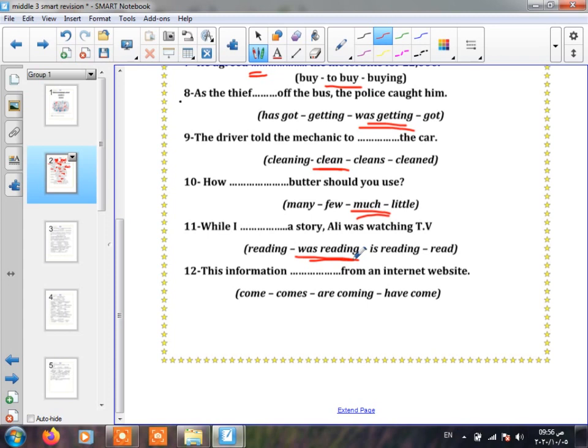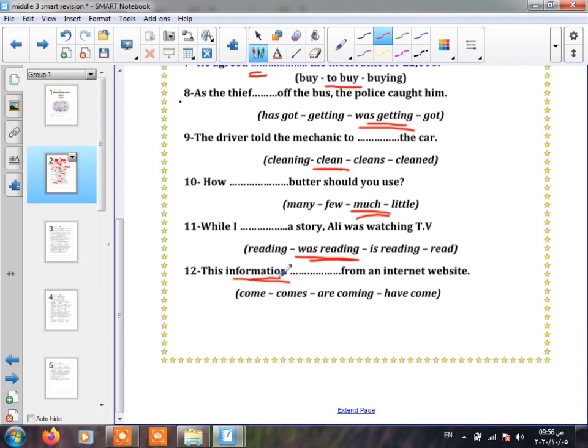Okay, number 12, this information not from an internet website. So comes, are coming, or have come. As you can see here, the word information is uncountable, and uncountable nouns are treated as singular nouns in case of verbs.